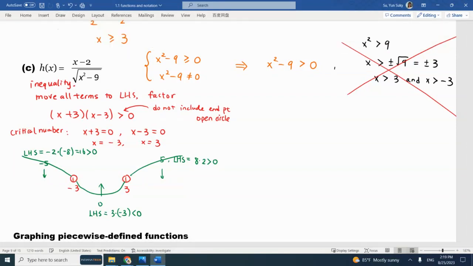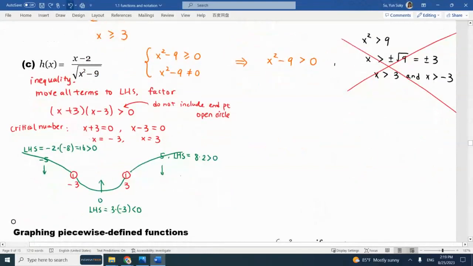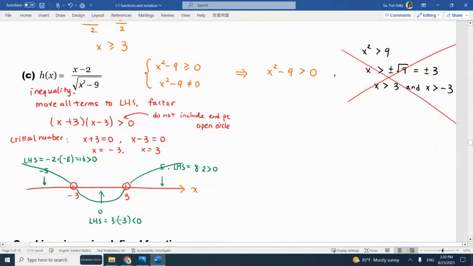Therefore, you get here is positive, here is negative, here is positive. And we are looking for positive, right? That's why it's this region and this region, these two regions.